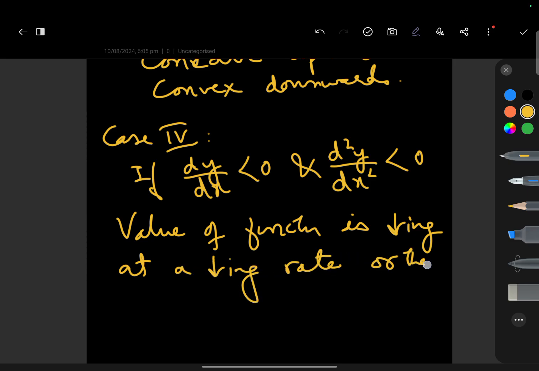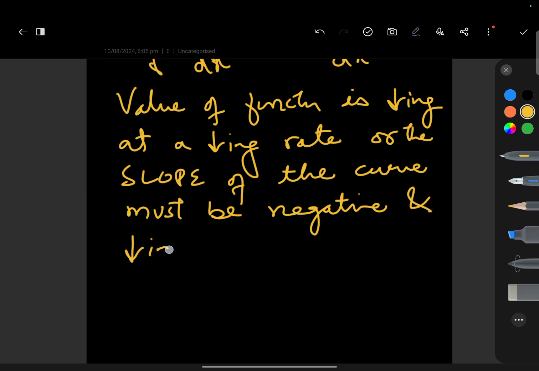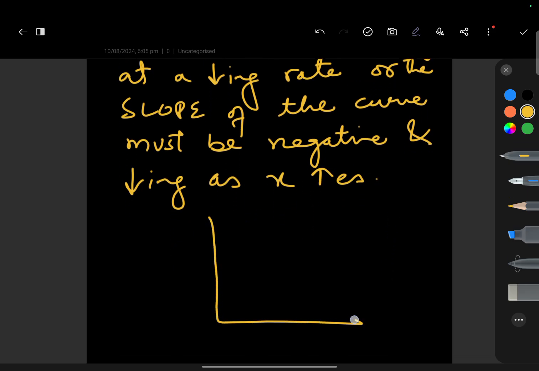or the slope of the curve must be negative. And the slope is negative and it is decreasing as x increases. So graphically this will be like this.